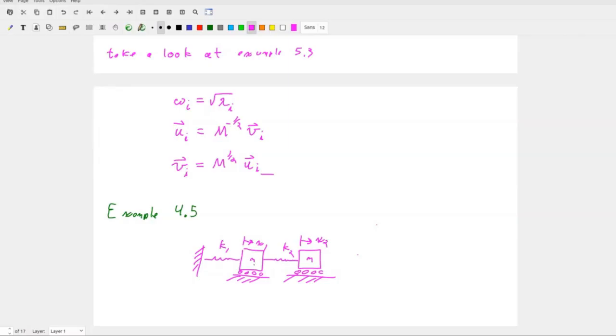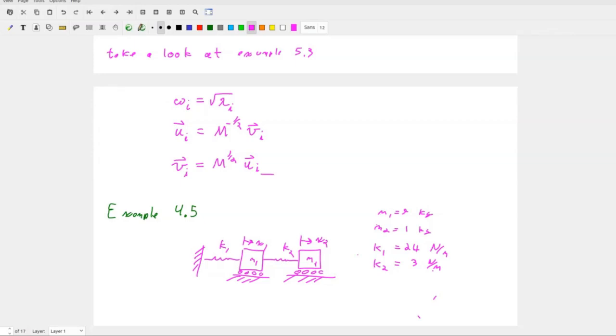And mass 1, mass 2. Let's just say M1 equals 9 kilograms. M2 is equal to 1 kilogram. K1 equal to 24 newtons per meter. And K2 is equal to 3 newtons per meter.